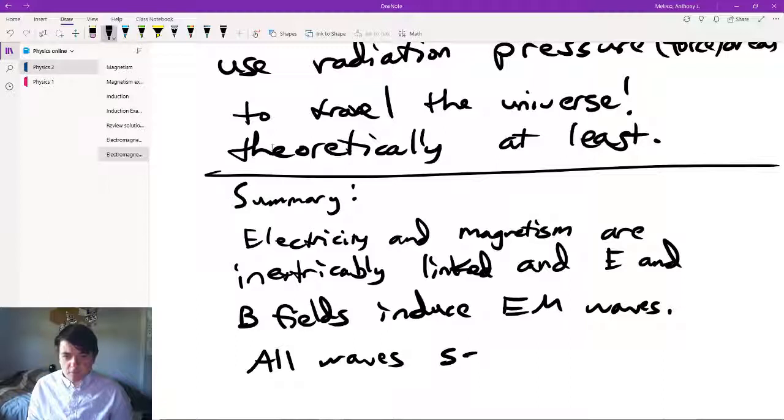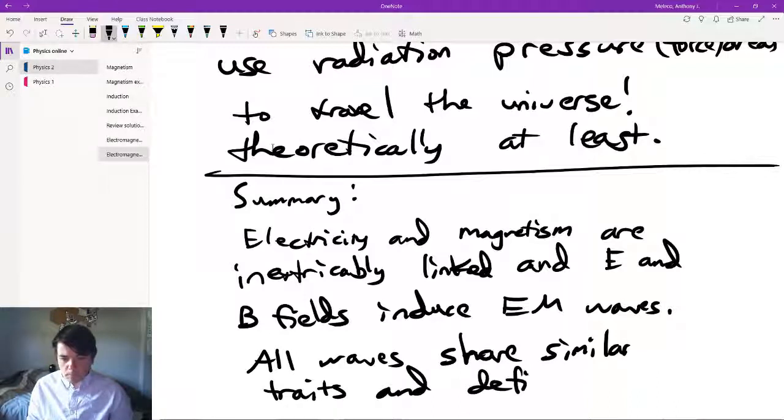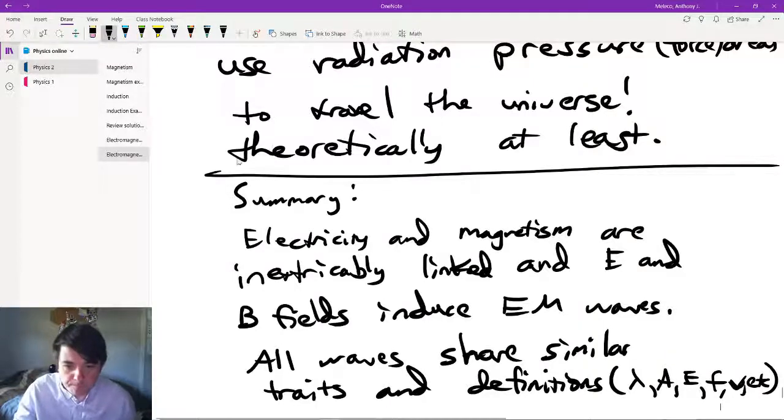All waves share similar traits in definition, like wavelength, amplitude, energy, frequency, the speed, etc. Okay, so you can talk about them in the same way.